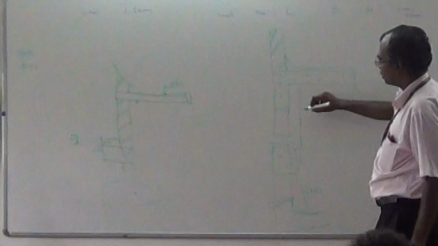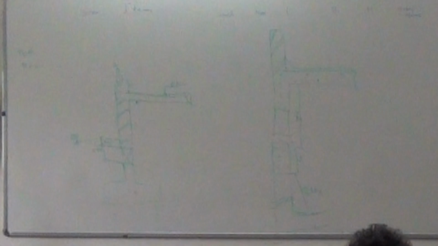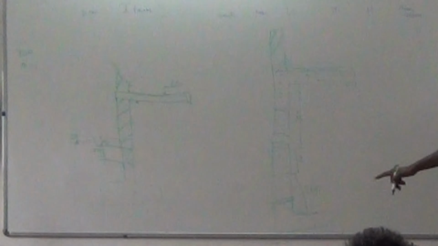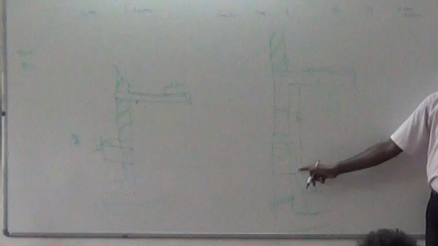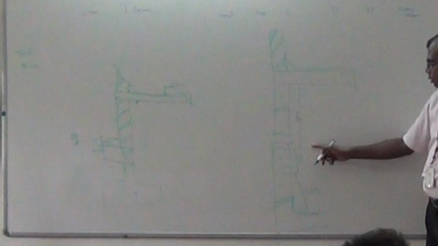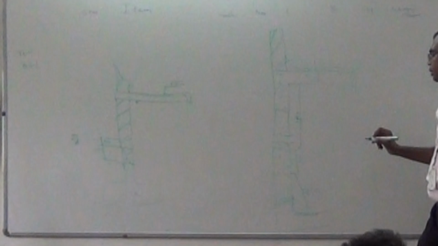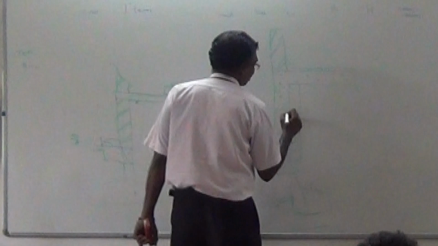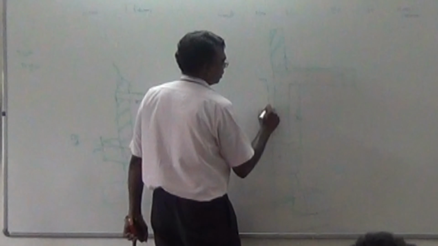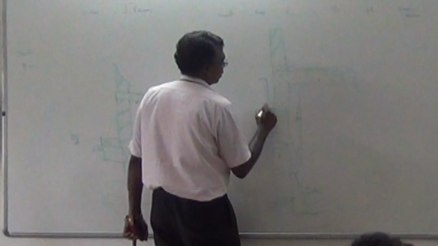So 3.45, 3.5 meters is the height of the ceiling. 2.1 till the bottom of the lintel, 0.35, another 1 meter. And here this will be 500 mm, or I can keep this as 450 mm. 450 is good enough. 450 plus 125 thick slab, 575 mm is the depth of your beam.